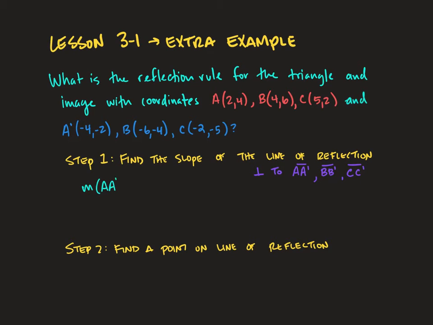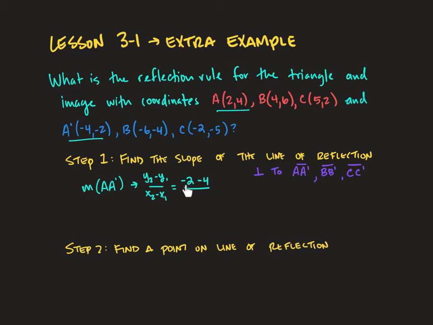line AA prime. Now we know that to find the slope we're going to do y2 minus y1 over x2 minus x1. So the two coordinates I'm going to use are this and this. So I'm going to say negative 2 minus 4, right?